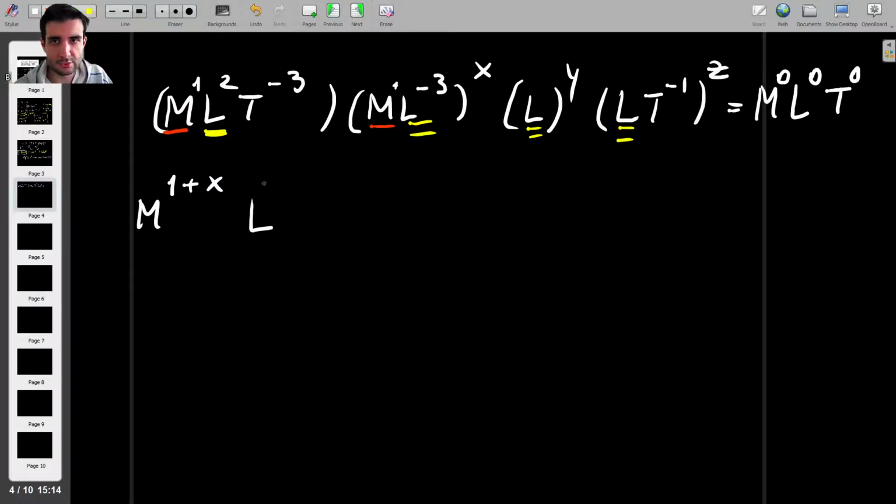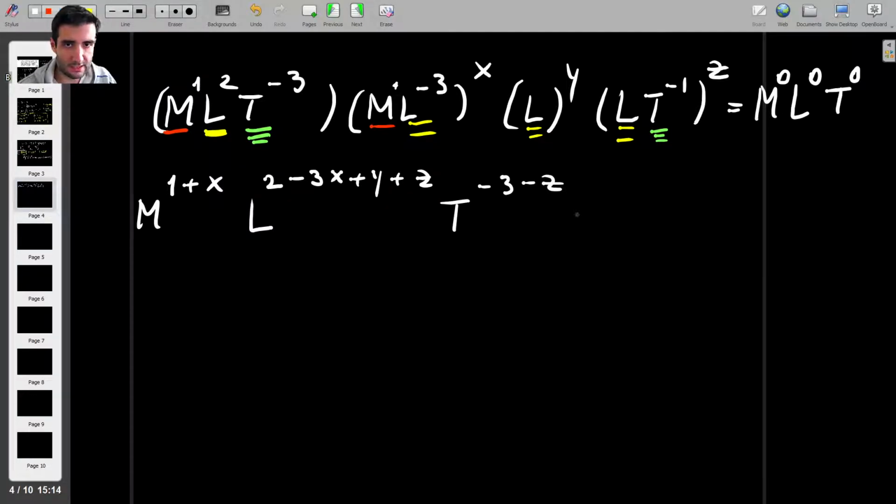So we have L to the power 2 minus 3x plus y plus z. And then times T to the power, we have minus 3 and minus z. So this is going to be minus 3 minus z. And this is going to be M to the 0, L to the 0, T to the 0.